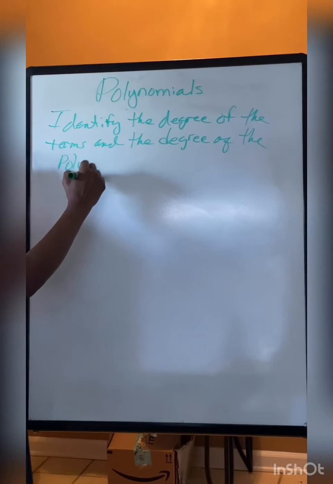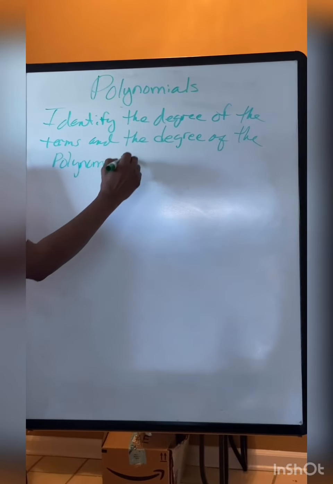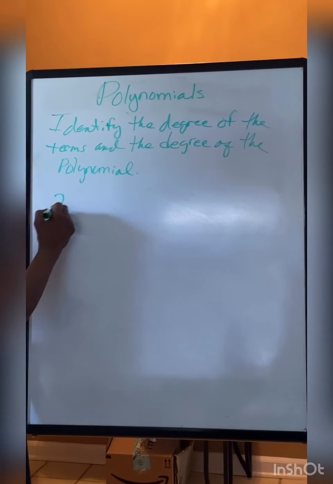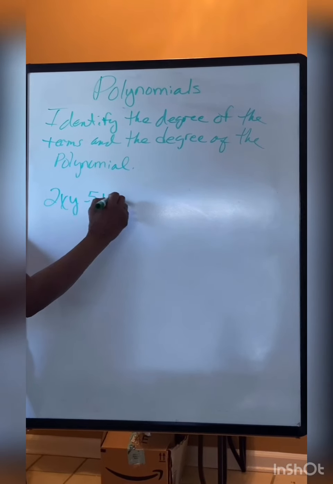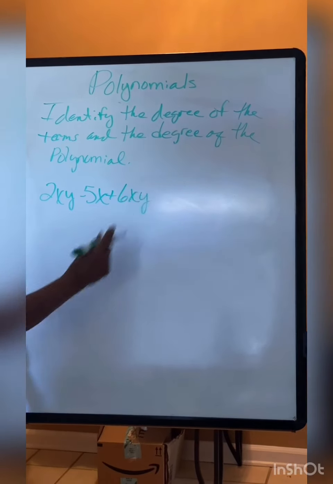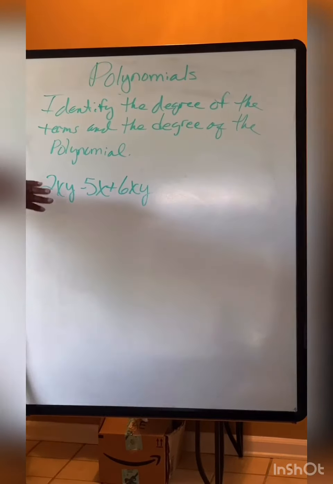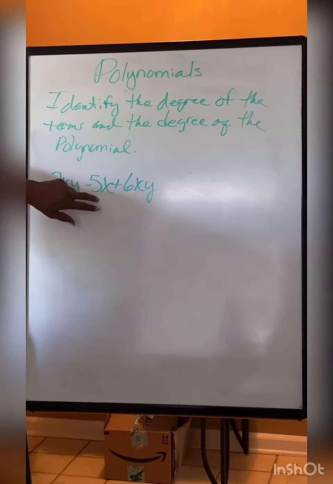So if I gave you 2xy minus 5x plus 6xy. So these instructions are telling me to give the degree of each term.